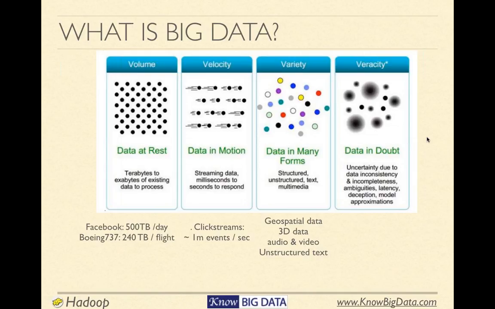And because of that, you might end up having a big volume of data. So veracity is generally a reason for having a big volume. All right. So veracity is basically when, say, imagine this.